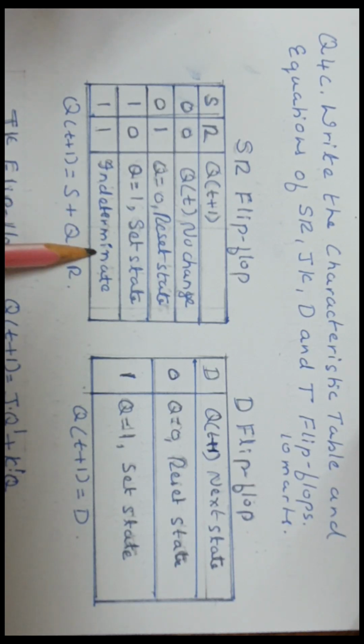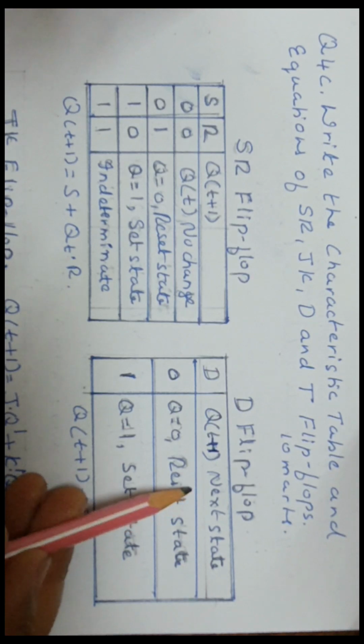We cannot say what will be the output. That is why it is called indeterminate state. Hence both the inputs 1 and 1 for SR flip-flop has to be avoided. So the characteristic equation is Q of t plus 1 is equal to S logically ORed with Q of t logically ANDed with R bar.